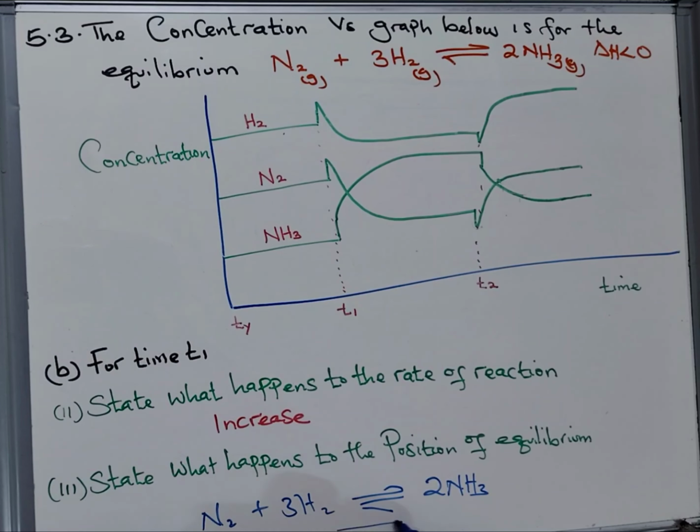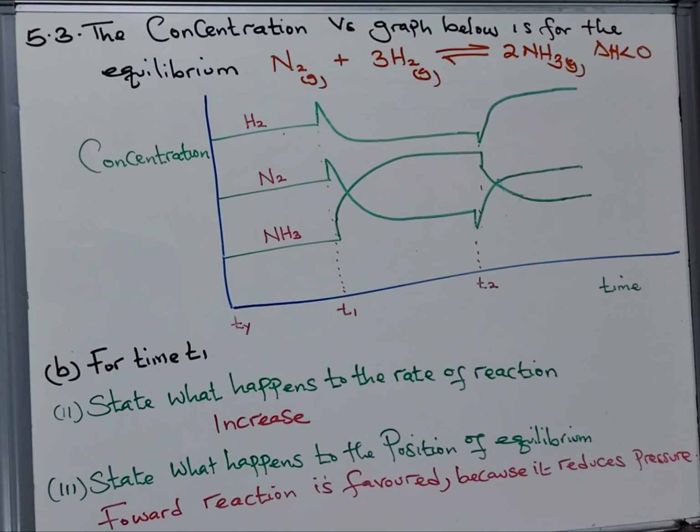So forward is favored, because these are 4 and these are 2. Increase in pressure favors the change from high number of moles this side to lower number of moles that side, which is forward favored. So the answer is forward is favored. That is it.